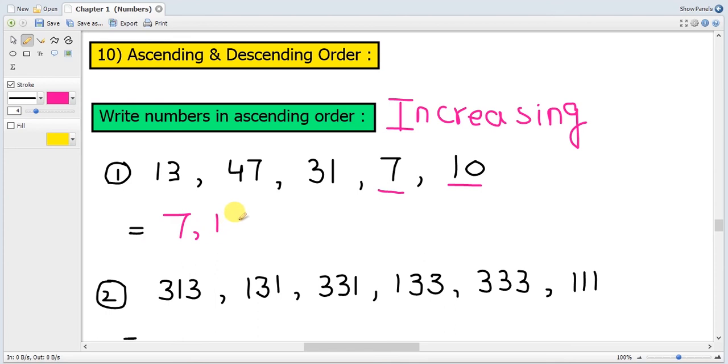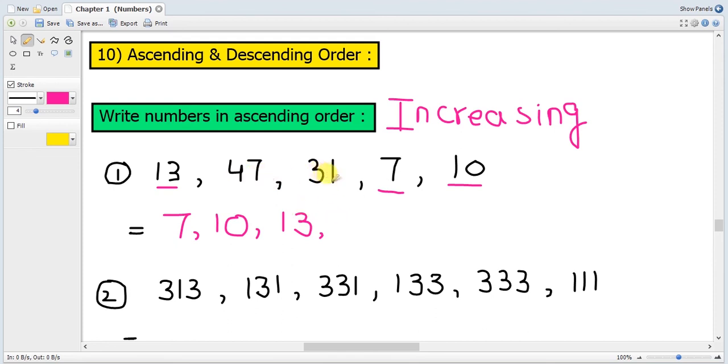The next digit is 10. After 10, the next number which is greater than 10 and close to 10, among these three numbers, is 13. So we write 13. After that, which number is greater than 13? Both these numbers are greater, but which comes next?